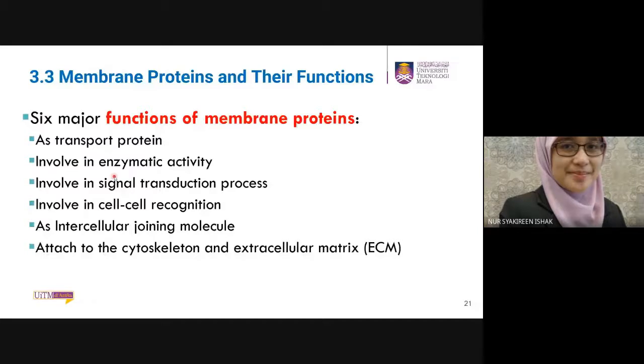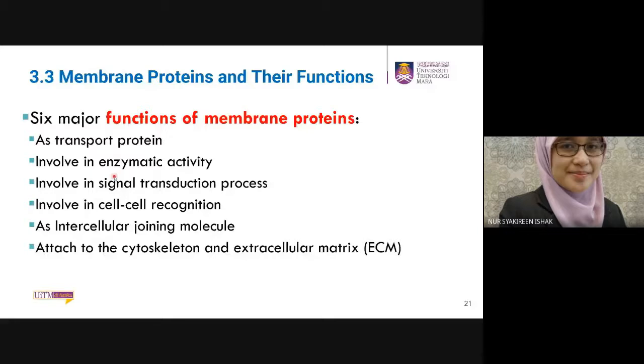So in the inner membrane of the mitochondria, it has enzymes that function in cellular respiration, which is to produce ATP. That's the best process I can give you to imagine.